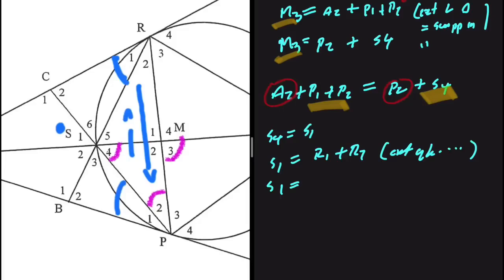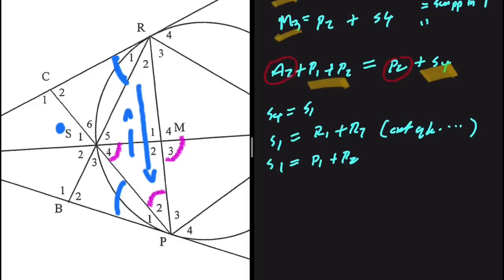So instead of saying S1 is equal to R1 plus R2, we can say that S1 is equal to P1 plus P2, because R1 plus R2 is just equal to P1 plus P2 using the tan chord theorem. So we have S1 being equal to P1 plus P2. But S1 is S4. So S4 is equal to P1 plus P2. This is because of the tan chord theorem.